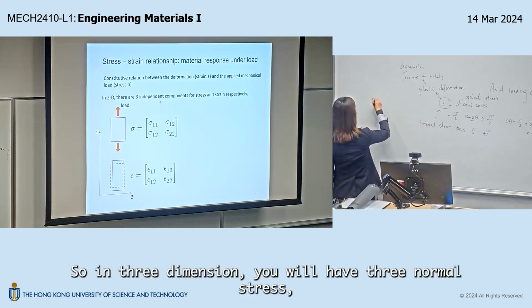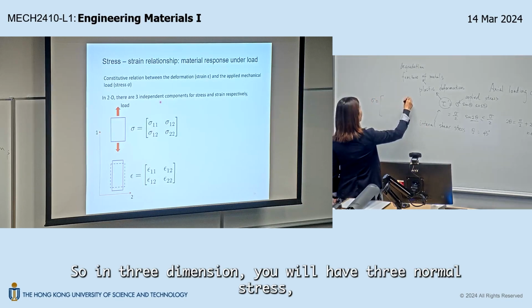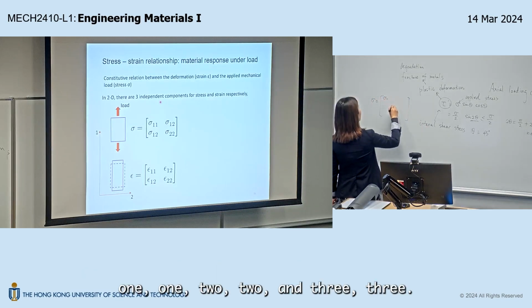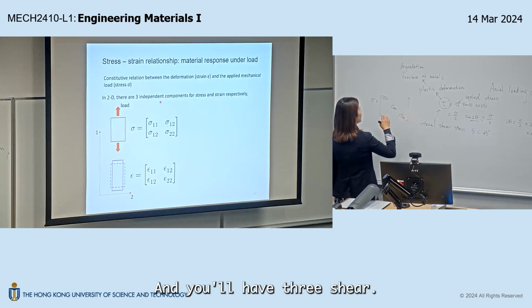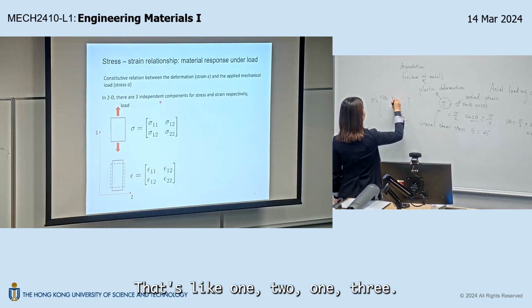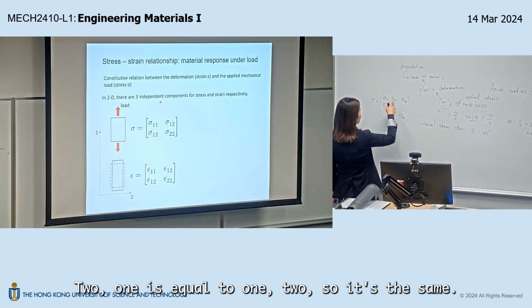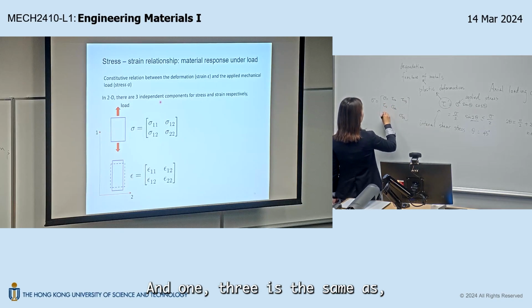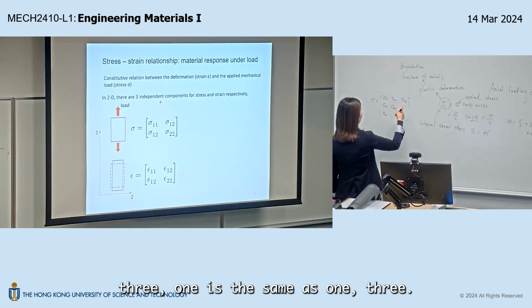So in 3 dimensions, you will have 3 normal stresses: 1,1, 2,2, and 3,3. And you'll have 3 shear stresses: 1,2 and 1,3. 2,1 is equal to 1,2, so it's the same. And 3,1 is the same as 1,3.